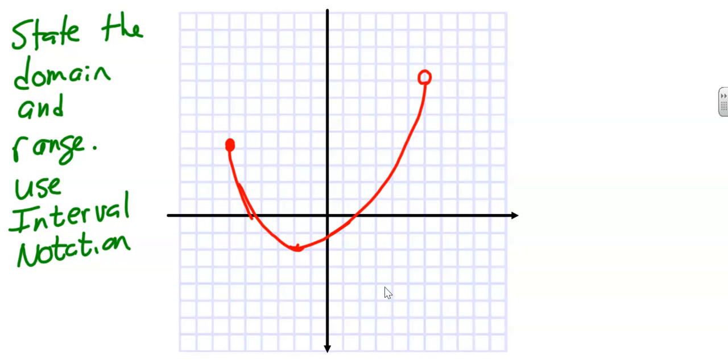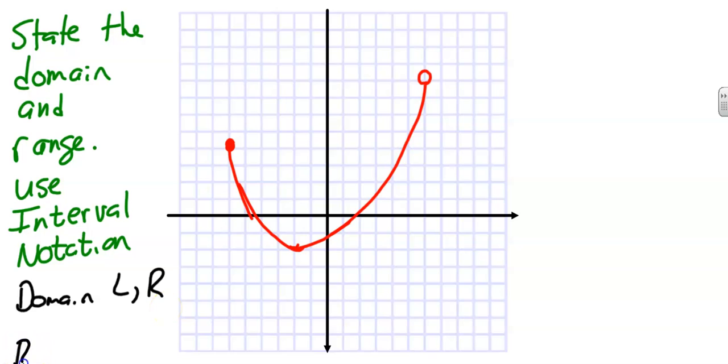But basically, when you're talking about interval notation, you tell me, if you're talking about domain, what the left-hand value is in your domain, how far left you go on the graph, and then you tell me how far right you go on the graph.